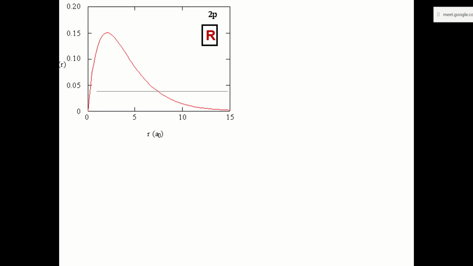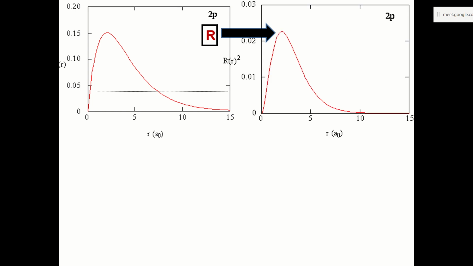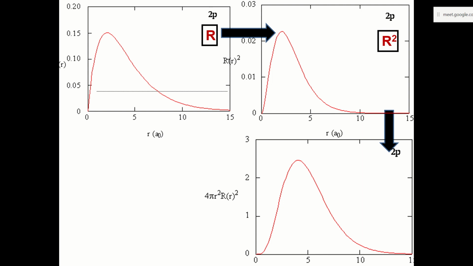Okay, radius. So if you are looking at the profile of 2p, as we discussed, the functions appear like this. When you square it, again there is no such change except on the y-axis. The values on the y-axis are changed. Then you multiply by 4 pi r square and it generates like this.